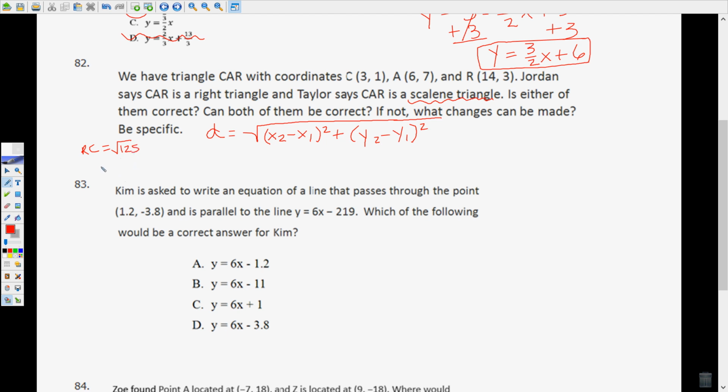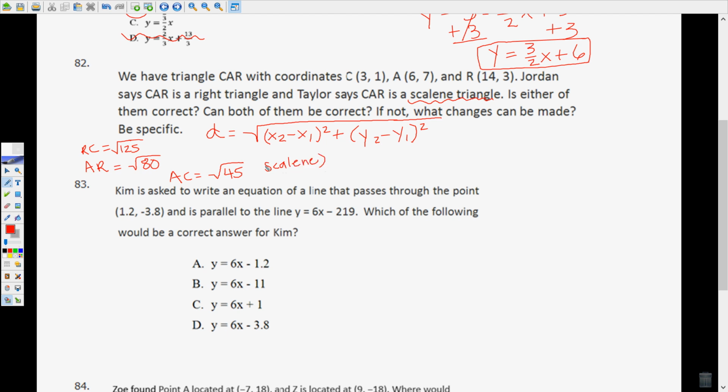The length of AR is the square root of 80. And the length of AC is the square root of 45. Now you can put those in your calculator and get the decimal equivalent, but you can look at those and tell none of them are equal. So none of the sides are equal, so it is scalene.